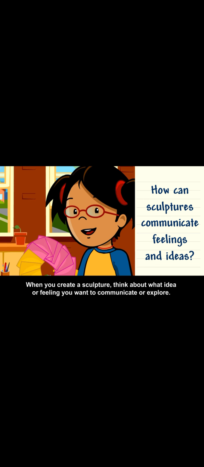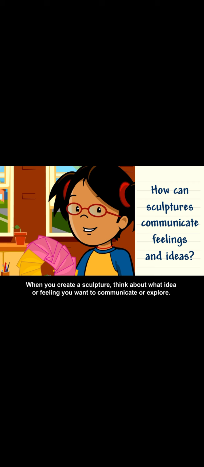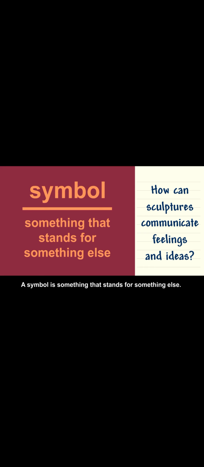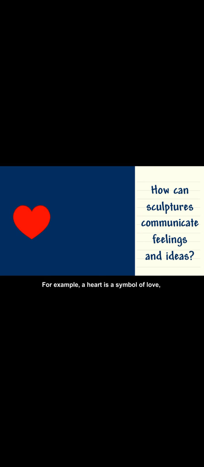When you create a sculpture, think about what idea or feeling you want to communicate or explore. Explore using shape, color, and symbols in your work. A symbol is something that stands for something else. For example, a heart is a symbol of love, and a dove is a symbol for peace.